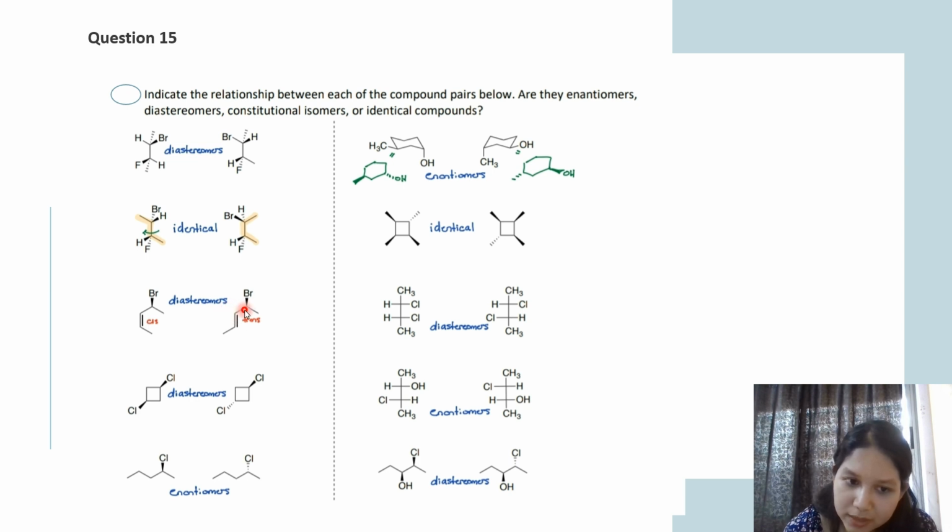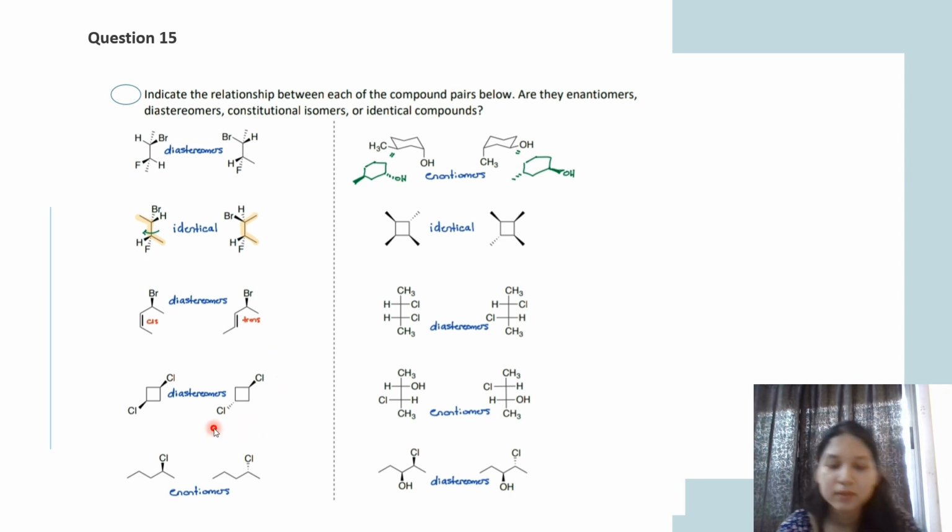So 1 and 1, the higher priority groups are oriented in the opposite direction, hence it has a trans fashion. So these cis and trans geometric molecules will be diastereomers. They are not mirror images of each other.